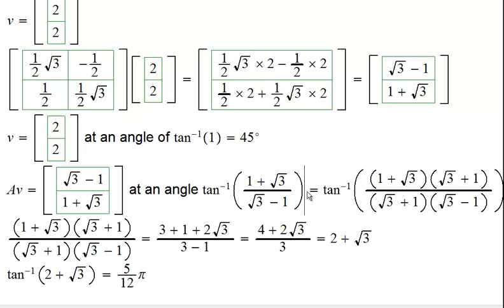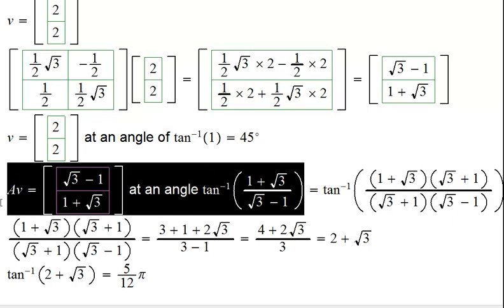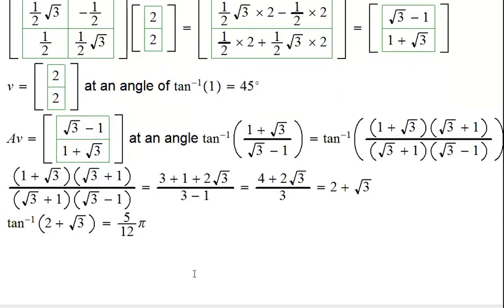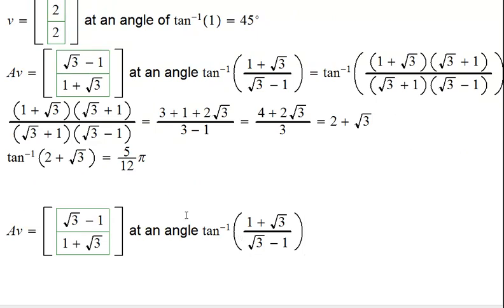So this AV is at an angle of 5 pi over 12, and of course the angle of the original vector is pi over 4.